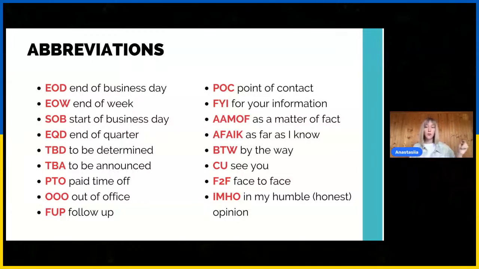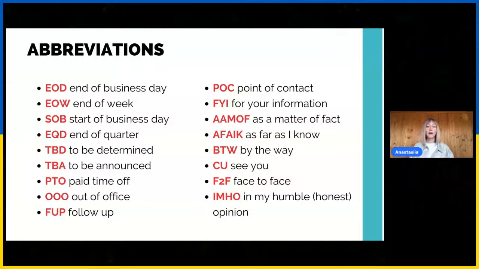For example, OOO, out of office, you can use as, today I am OOO, so Julia will be responsible for this task. Or you can say that it will be good if you provide us with feedback till EOD. It means till end of this business day.